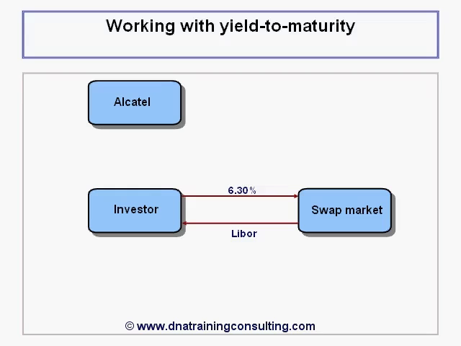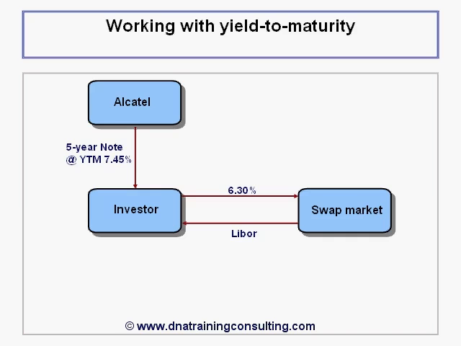We begin by simply reverting to our most recent diagram and replacing the Alcatel bond's coupons with its yield to maturity, since this measure reflects better the investor's true economic return over the life of the trade.